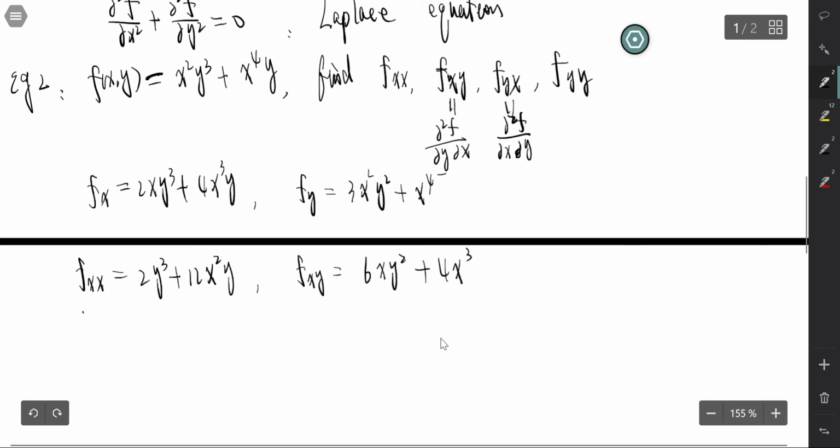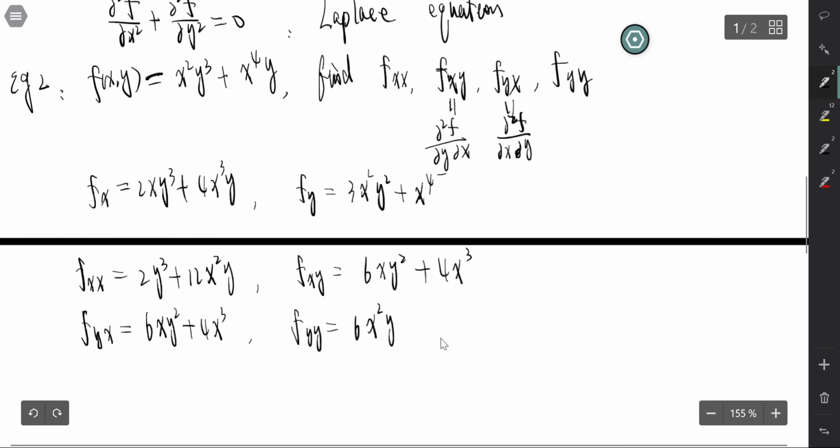And f_yx is 6xy squared plus 4x cubed, and f_yy is 6x squared y, since the x over 4 term becomes 0. Those are the second order partial derivatives.